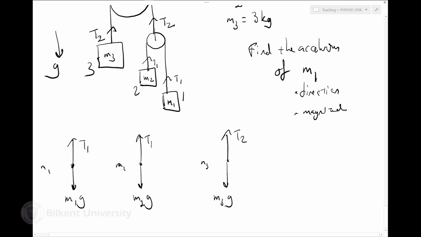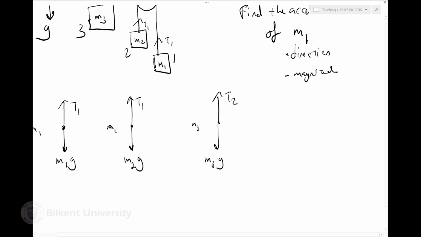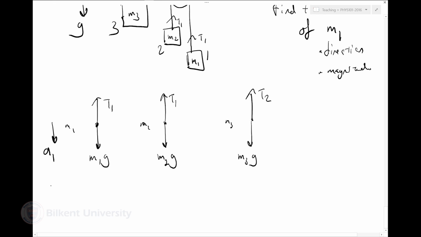But now, how many unknowns do I have? Well, I don't know the acceleration of this object. Let's call this A1. How about M2? I don't know whether it's going to go up or down. Let me just take it to go down, A2. M3, I'll also take it to go down, all of them to go down. So at the end of the day, hopefully I'll find some of them to be negative, right?